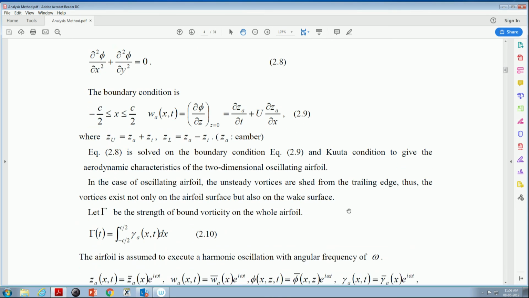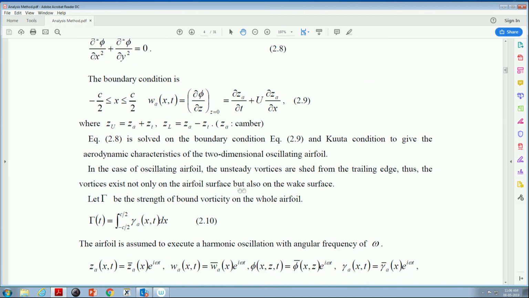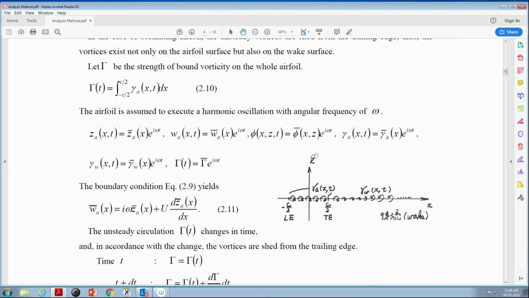In the case of an oscillating airfoil, unsteady vortices are shed from the trailing edge. Thus the vortex exists not only on the airfoil surface but also on the wake surface. So we use this model, as shown in the previous slide on the cascade case, but this is a single airfoil.